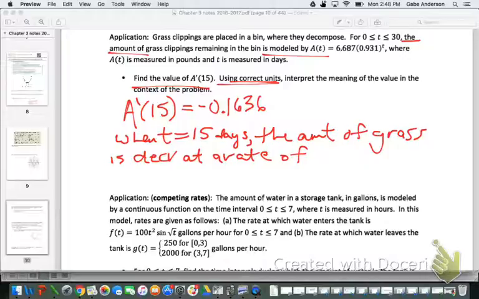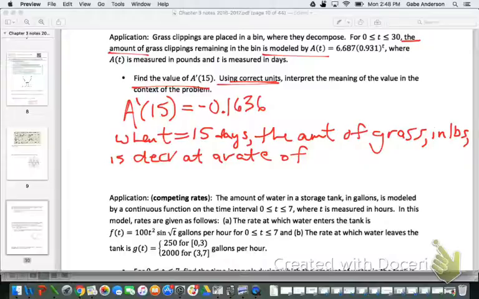At T equals 15 days, the amount of grass clippings, you know what? I'll put this now. I'm going to put in pounds. I was going to put that at the end, but I'll put it now. So when T equals 15 days, the amount of grass in pounds is decreasing at a rate of, how would you finish this?